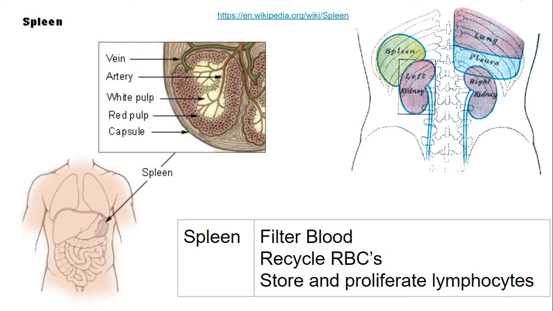So the spleen is a huge storage facility too of red blood cells and lymphocytes. But the main idea behind your spleen is that it's filtering blood. And again, activating lymphocytes is part of our specific immune system.